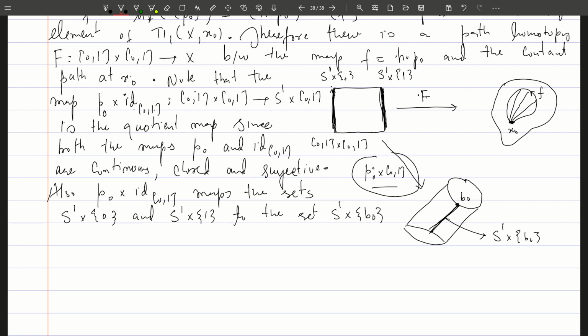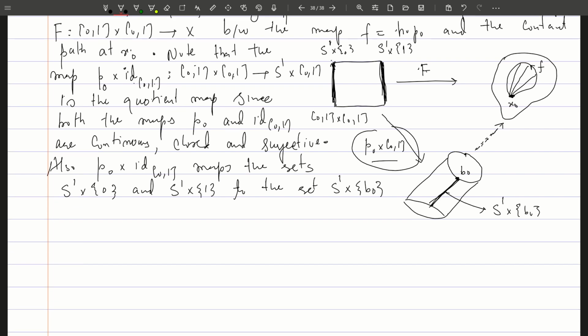So this will induce a map over here because of this quotient map which we just mentioned while proving the other part. This maps these two lines to this line and is injective otherwise.